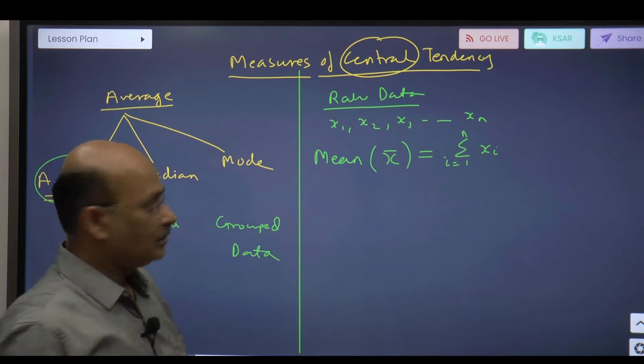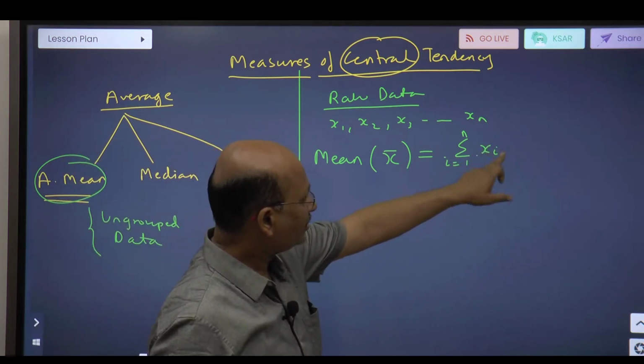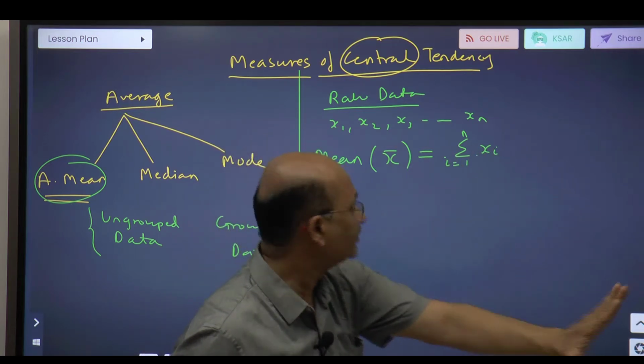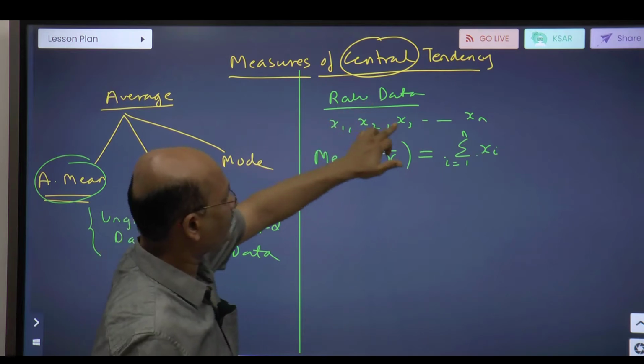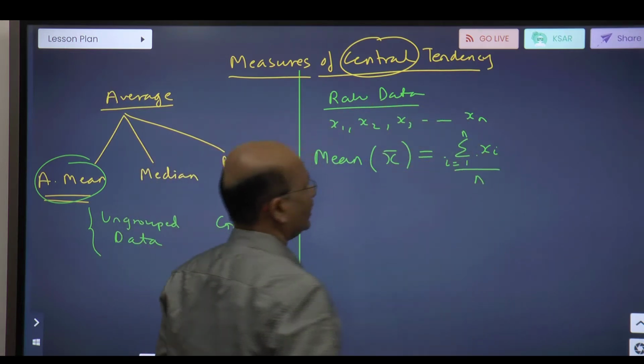You know why? xi can be x1, x2, x3, x4, x5, so the sum of all x's, x1 plus x2 plus x3 and so on, upon n.